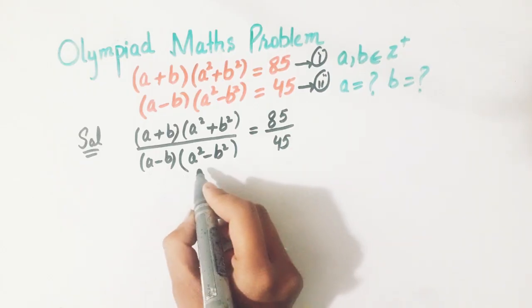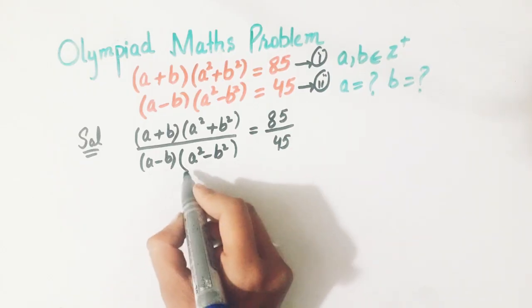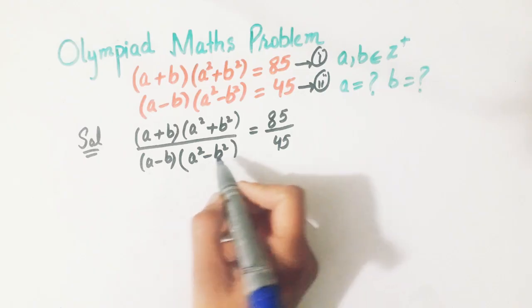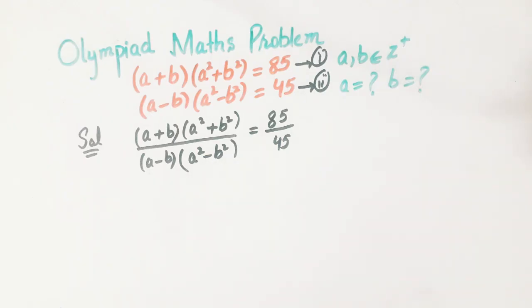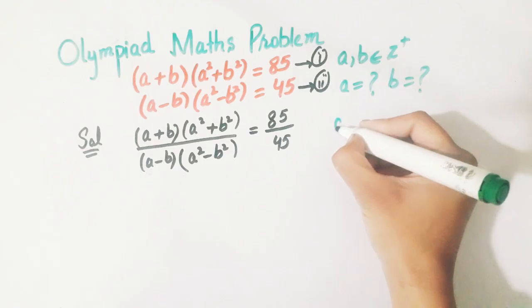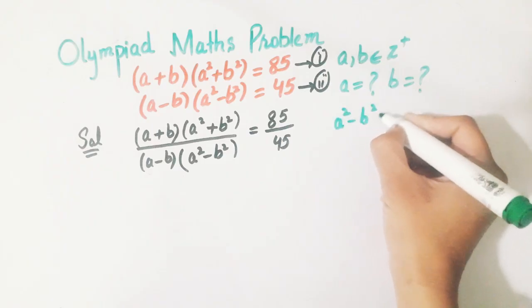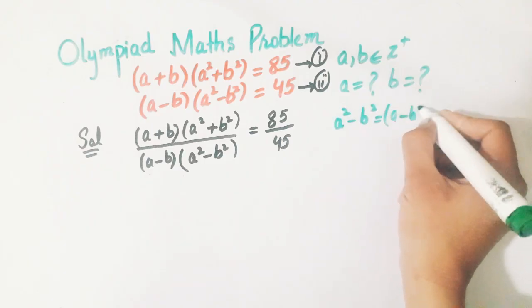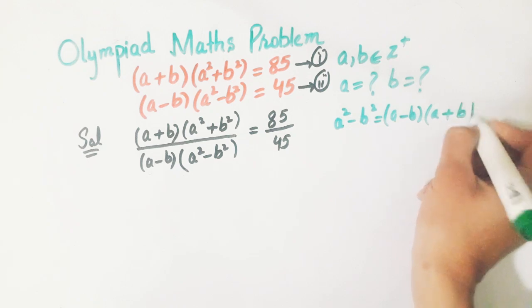Now we will solve this. First of all, we will apply the formula of a square minus b square, which always equals (a minus b)(a plus b).